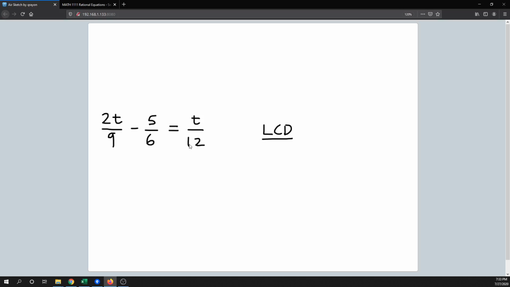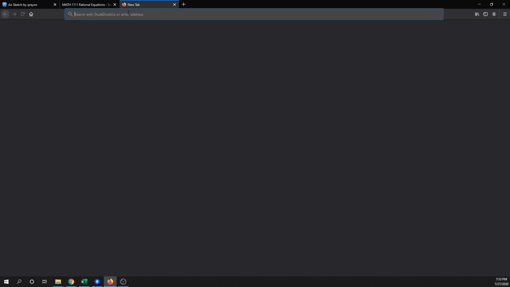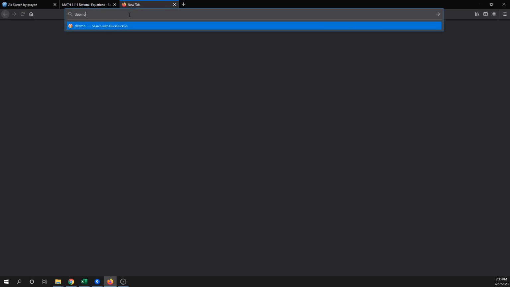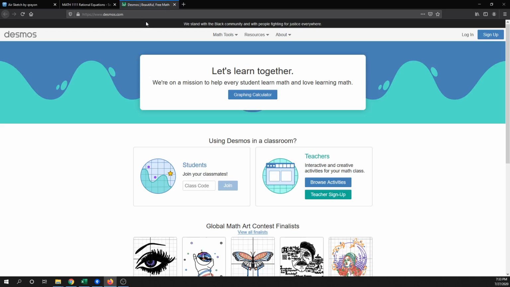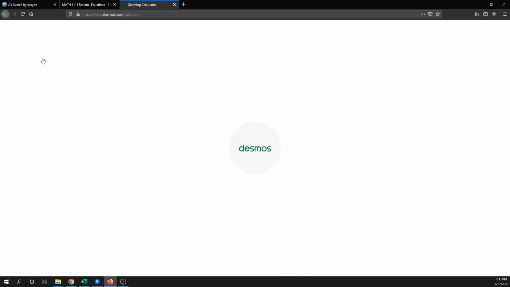But 9 definitely does not, okay? And so then what you would want to do is multiply that largest number by 2. So 12 times 2, let me bring up Desmos so you can see how you would do it on a calculator.